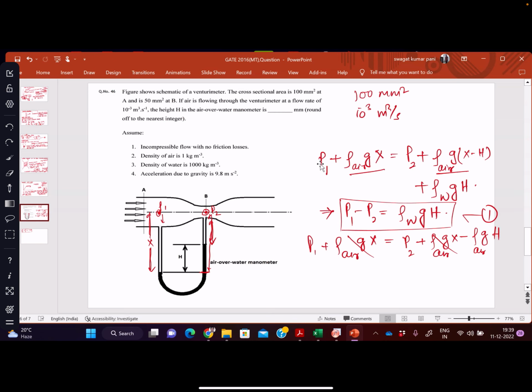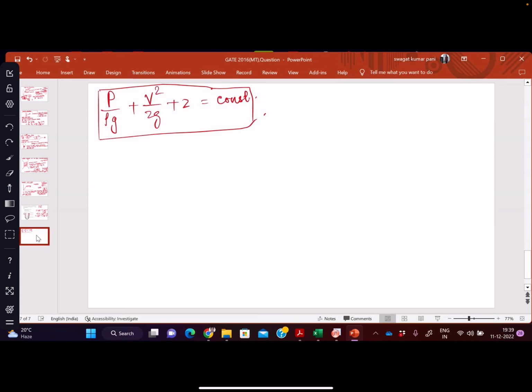So we have P1 by rho air g plus V1 square by 2g plus Z1.